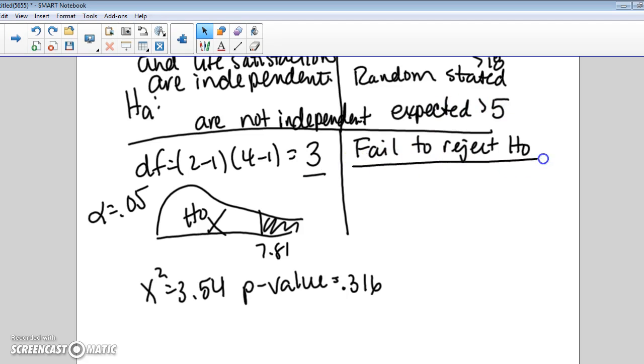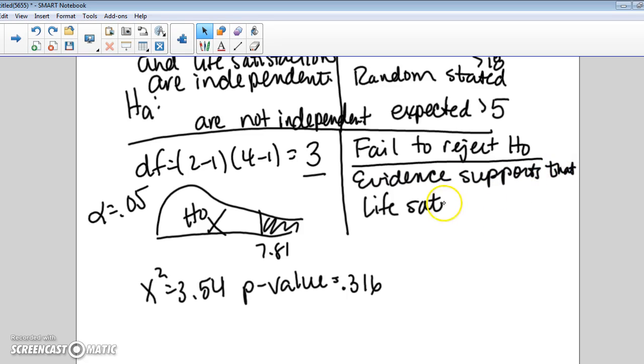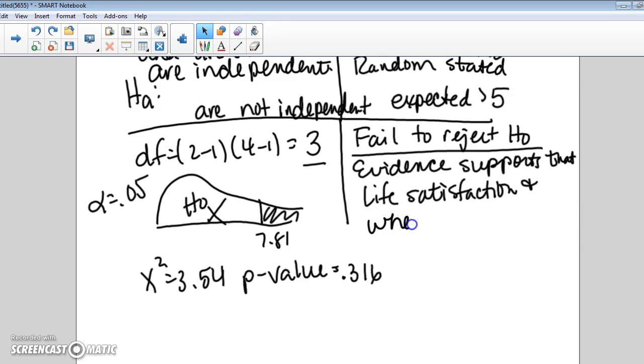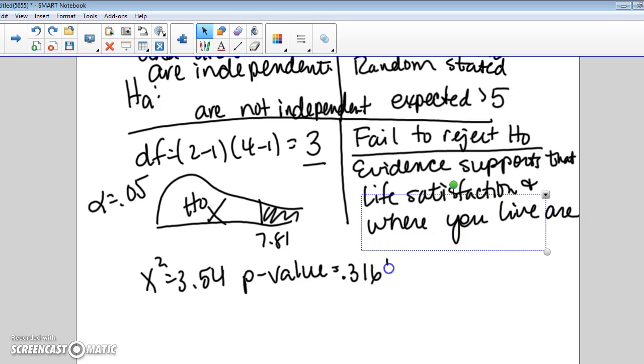And since we fail to reject the null, you would make your statement, but what we're saying there is that the null is true. That's what we're going with. So we would say life satisfaction. So the evidence supports that life satisfaction and where you live are independent.